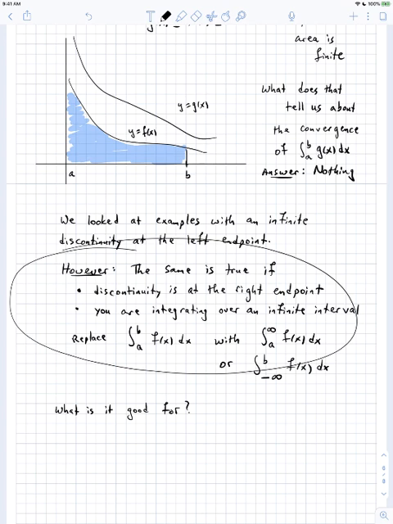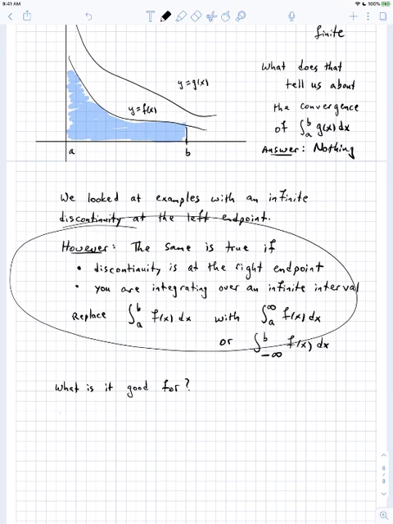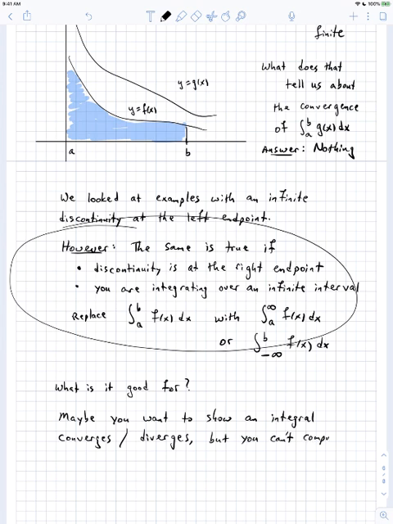The basic idea is maybe you want to show an integral converges or diverges, but you can't compute it directly.